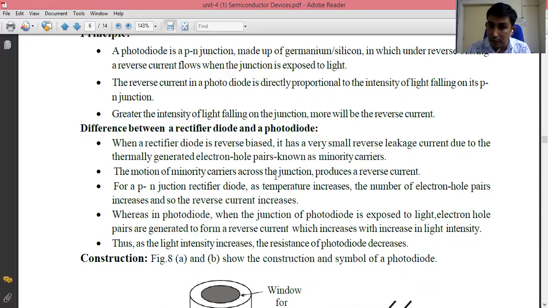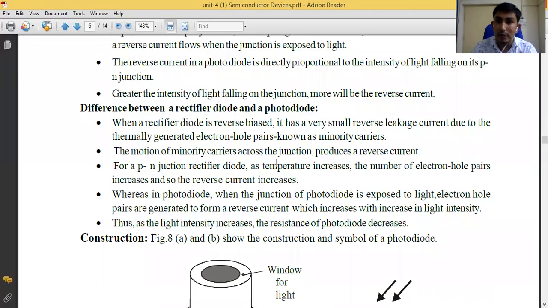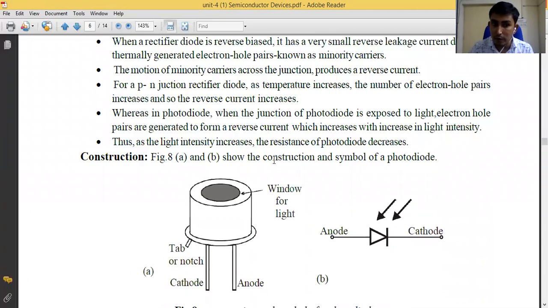So ultimately, the reverse current will increase by increasing the light intensity. Therefore, we can say that the resistance of the photodiode will decrease as the intensity of light increases. So this is the difference between our rectifier diode and photodiode.